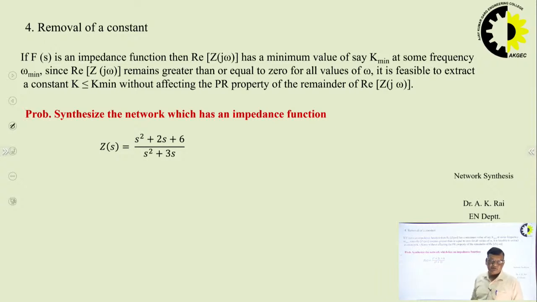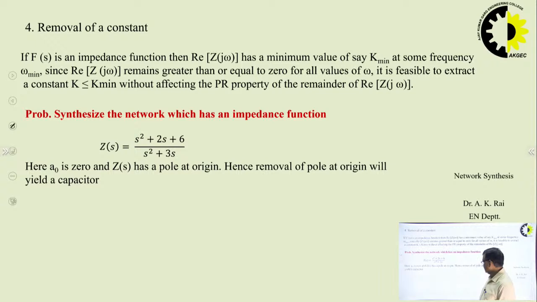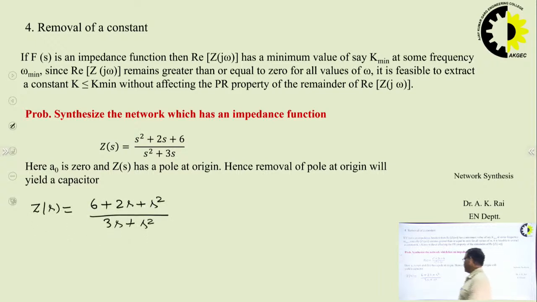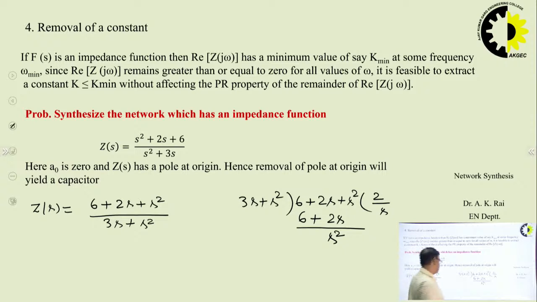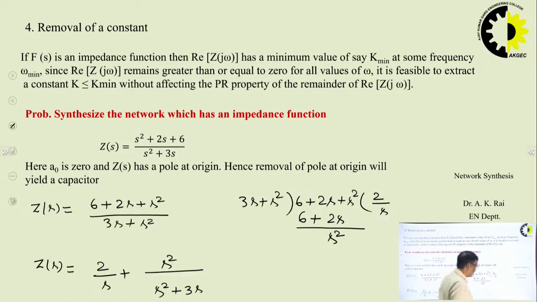What we will do is arrange the polynomials in ascending order, and then take the division. Dividing 3s plus s square into this, we get 2 by s. So we have removed the pole at origin, and we have 2 by s plus s square divided by s square plus 3s.